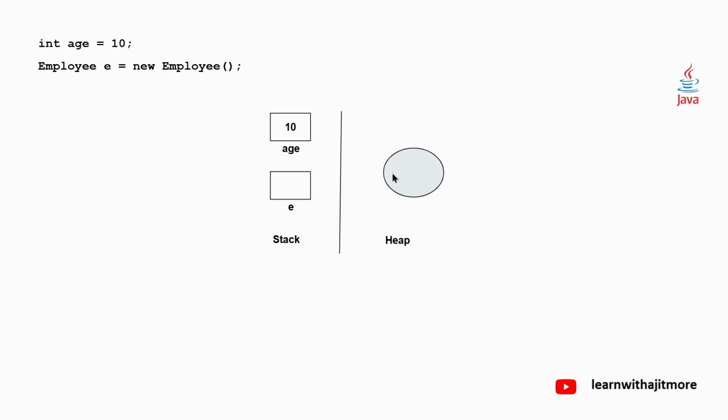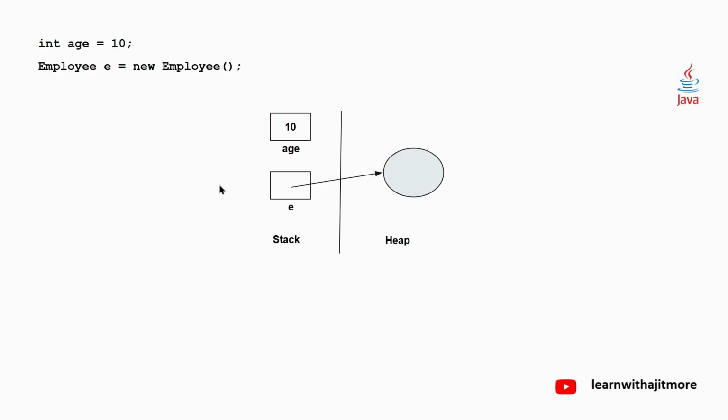So in that, there can be employee ID, which is an integer, employee name as a string, then salary, then department. All this total, as much memory as is needed, that much is allocated on the heap by new. Actually, new doesn't allocate. New just makes a request to the VM. New does a request to the VM that please allocate the space needed for Employee. It will allocate. And then the reference is returned. That reference is stored in e. Getting? So that is the difference between a non-primitive and a primitive. Okay. So can you give me clarification?